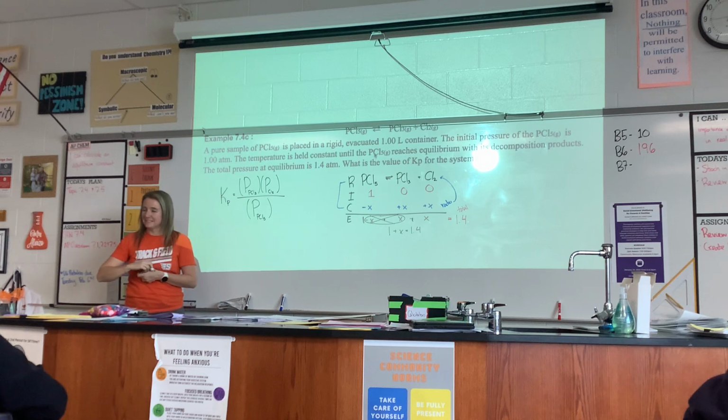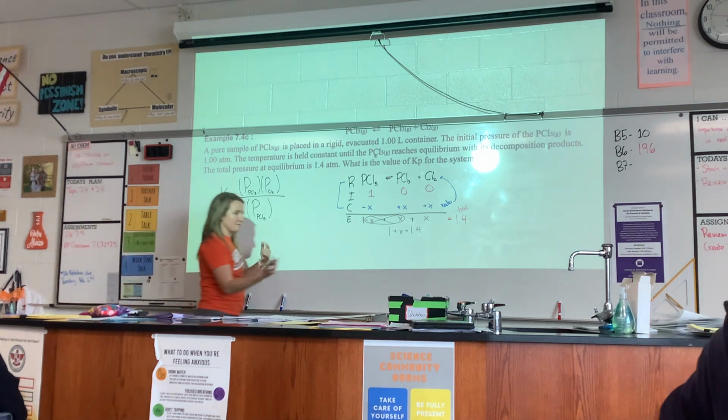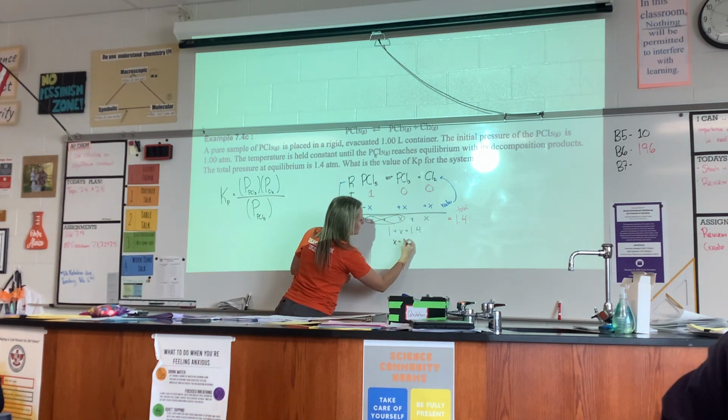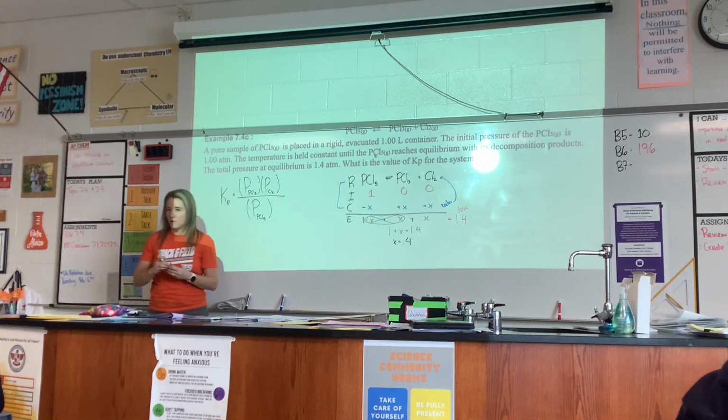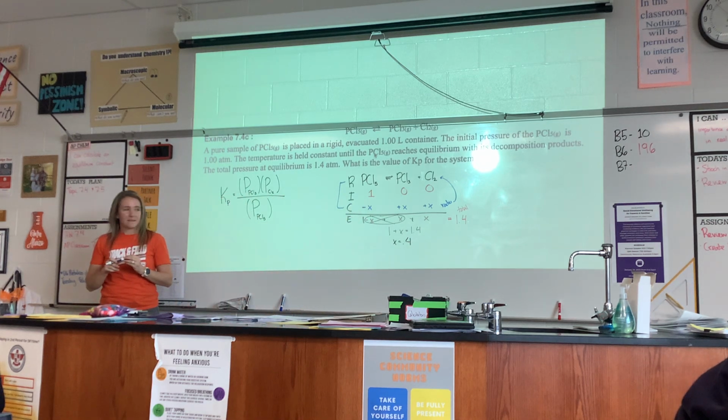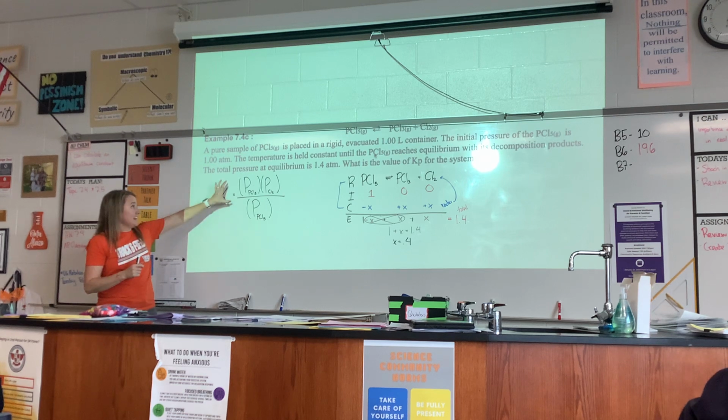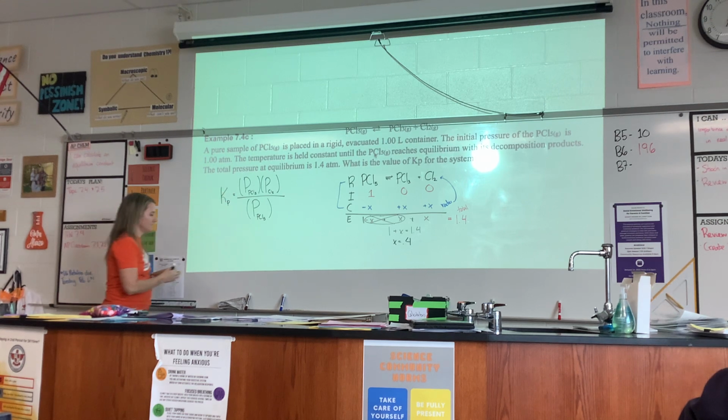Then get X by itself, minus 1. So X equals 0.4. Everyone okay? So then, what gets plugged in here?